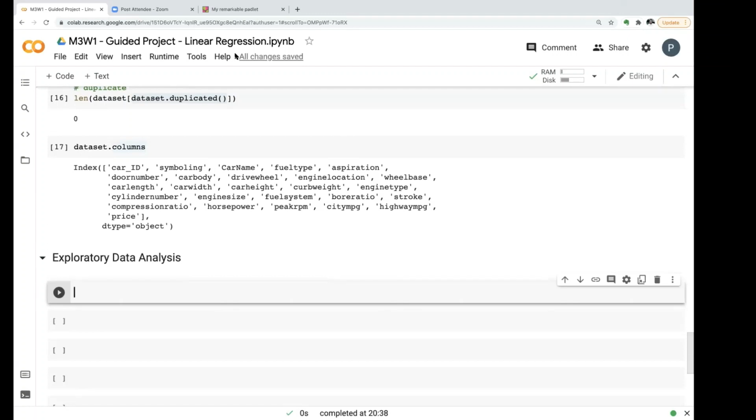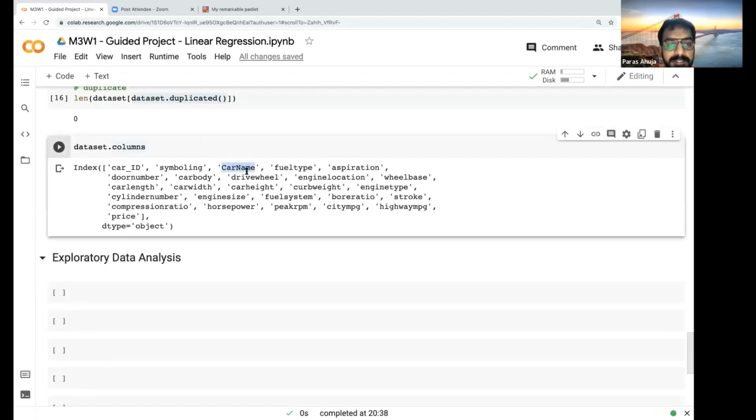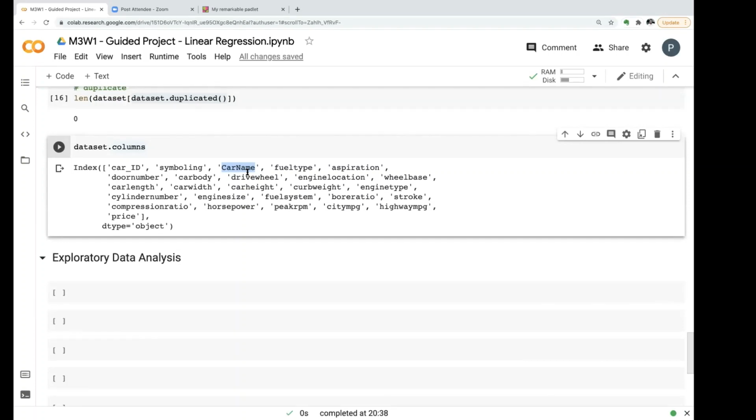We can remove unnecessary columns like car ID and car name. But do we need to remove car name? No, I think there is no need to remove car name.